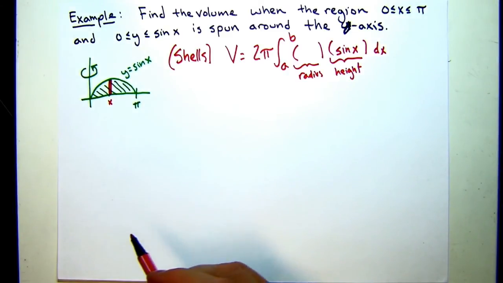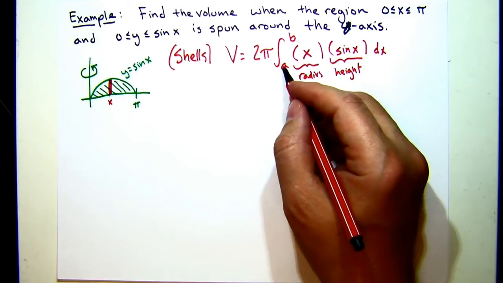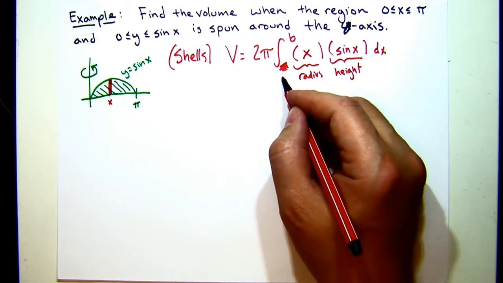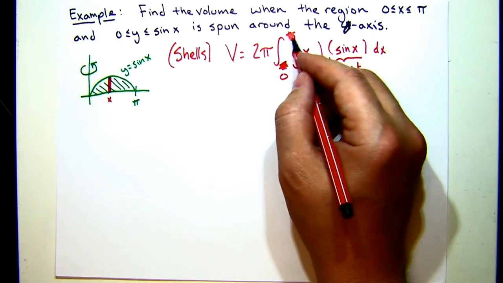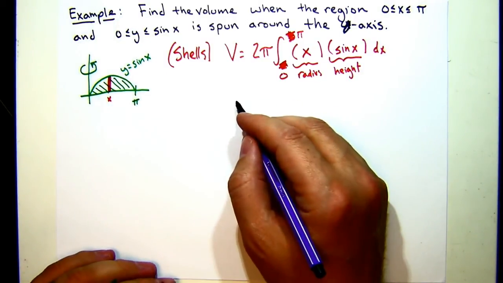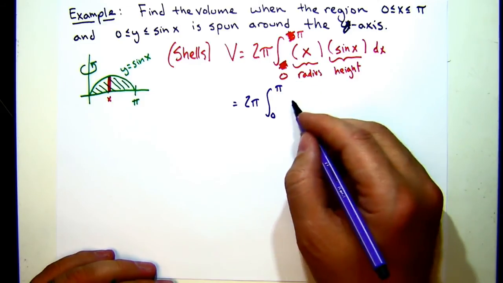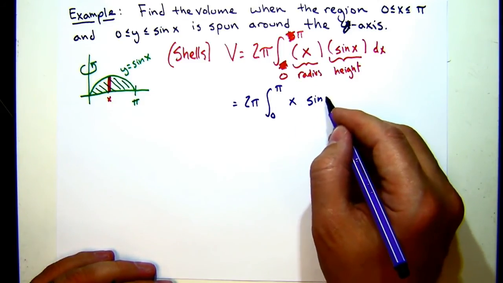Well, if I'm at x, how far am I from the y-axis? I'm x. And of course, I should have said not a to b, it's 0 to pi. All right, now we couldn't have done this in the last chapter. We could have asked the question, but we would have had to stop here because we didn't know how to integrate something like x sine x. Now, we don't have to stop. We say, aha, this is the perfect kind of thing to do integration by parts.